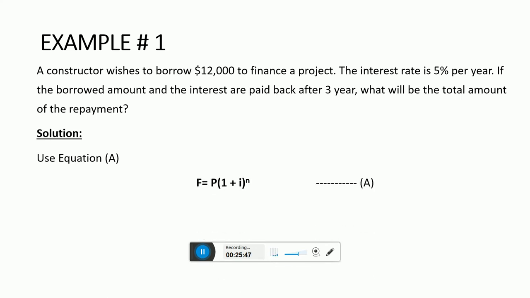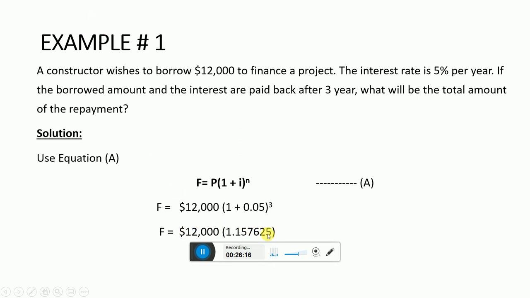So we have to use equation A as we have discussed earlier. So 12,000 is P, and we have the formula (1 plus i) power n. So i here is 0.05 and n is 3 years. If we calculate this, this comes out to be 1.1576.